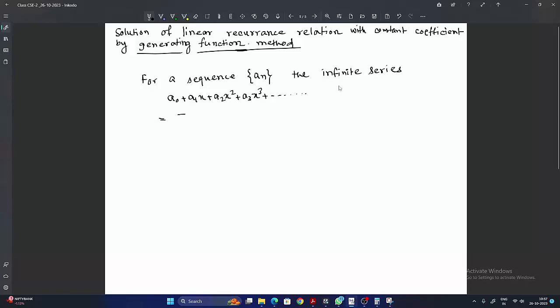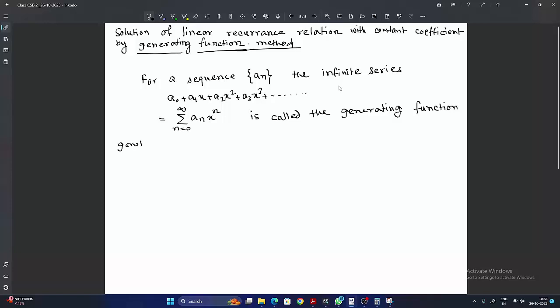So the series can be written as the sum, n equal to 0 to infinity, of a_n x to the power n. That series is called the generating function, and it is generally denoted by g of x.